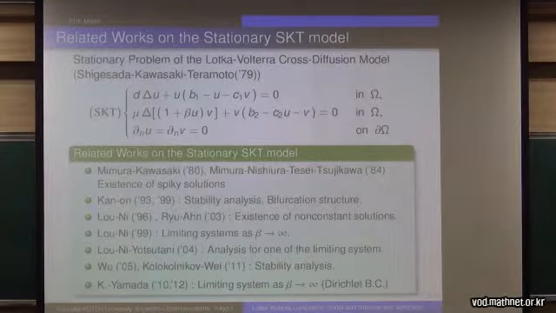limiting system solution. And Professor Wu and Kolokolnikov recently gave a stability result on such a solution near a limiting system. And Professor Yoshio Yamada and myself have studied the limiting system as cross diffusion beta tends to infinity in the Dirichlet boundary condition case.